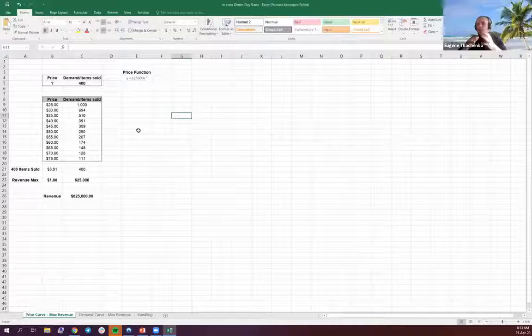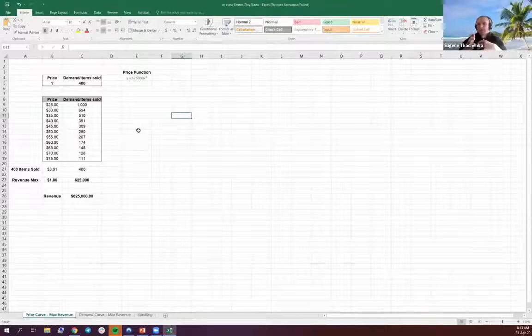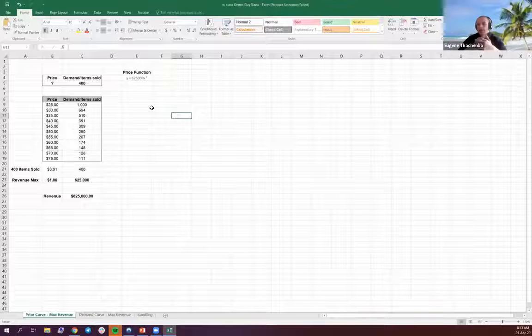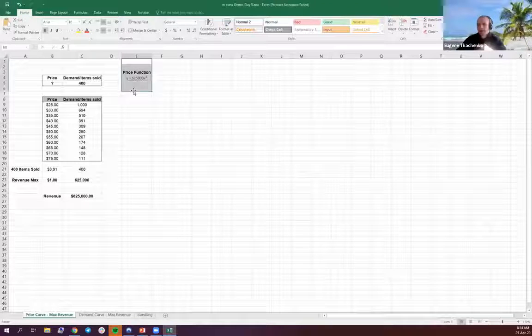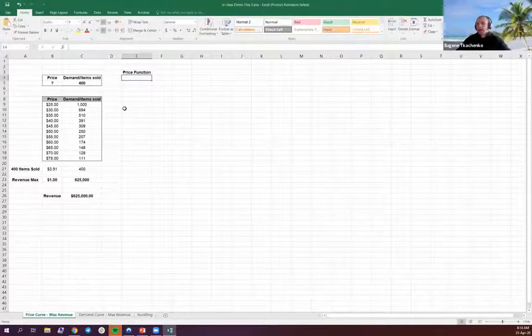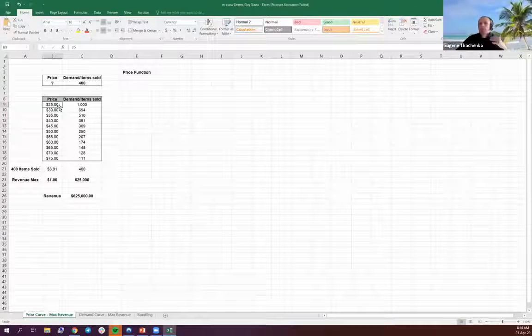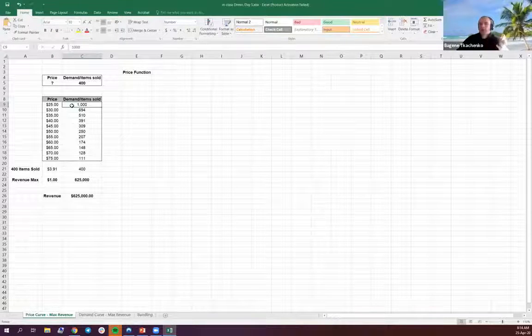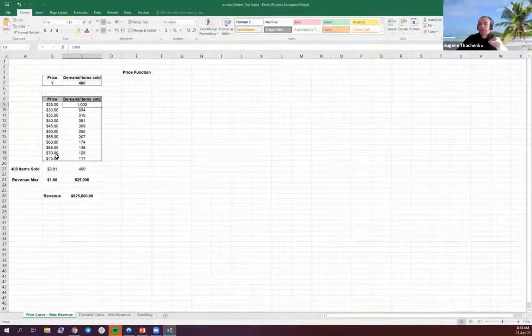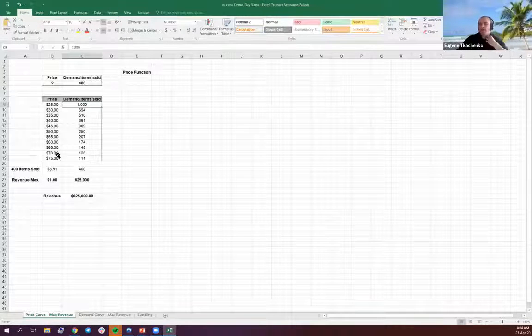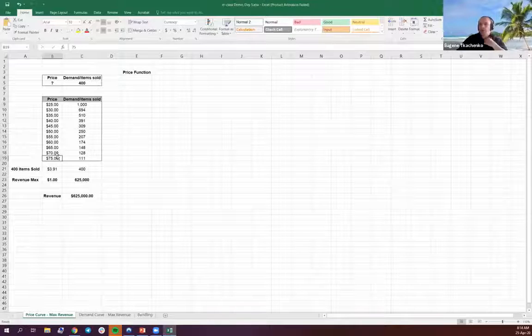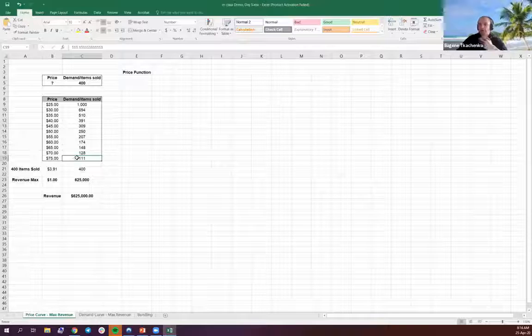You were able to experiment with different prices, trying to understand how we can adjust prices. So you recorded, under the assumption that you're selling products for $25 per item, you're able to sell 1,000 items, and probably the highest price you ever put for your product was $75. At that time you were able to sell 111 items.